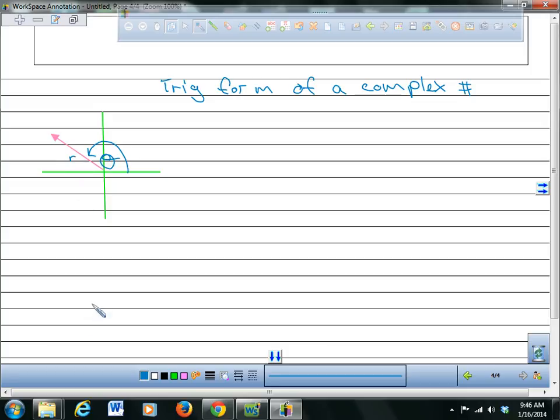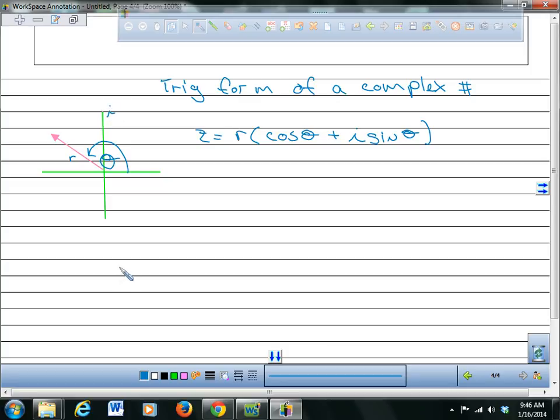So very similarly to a vector, z can be written in trigonometric form as r times the cosine of theta plus i sine of theta. So r cosine theta gives you the horizontal component, and r times sine theta gives you the vertical component, where this is the i-axis.